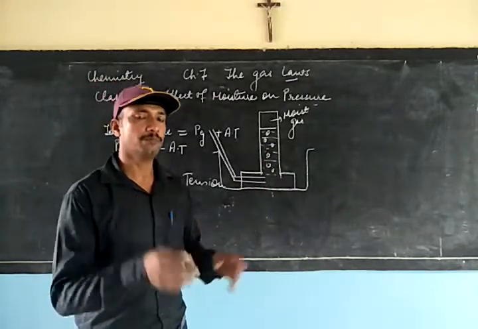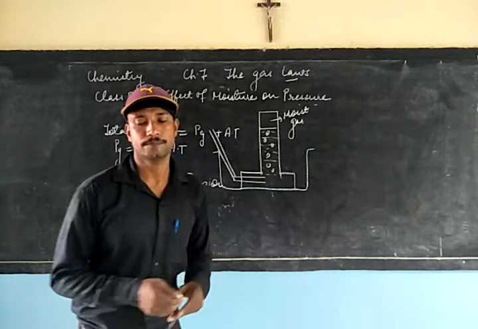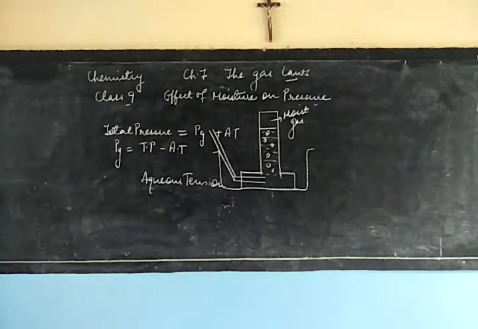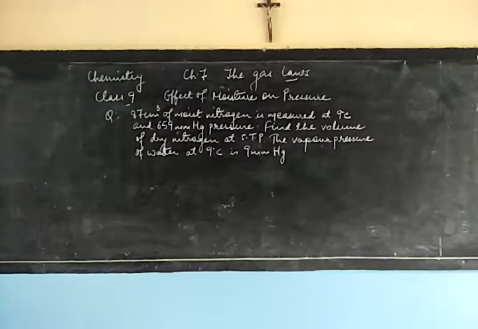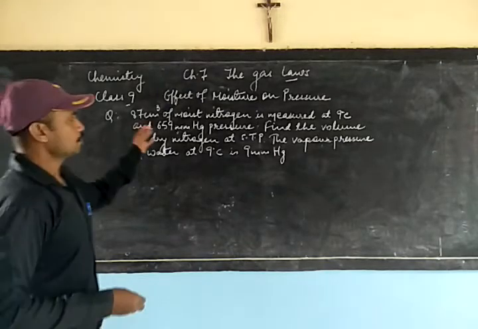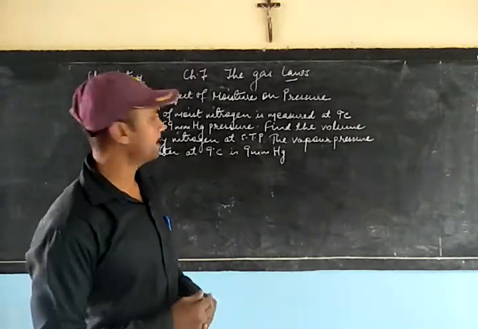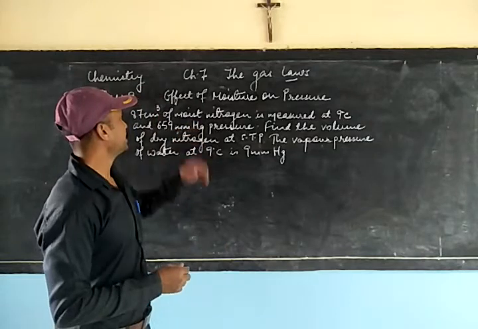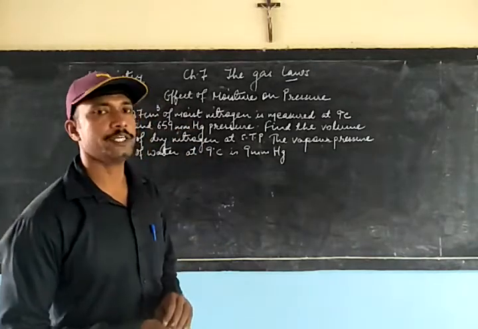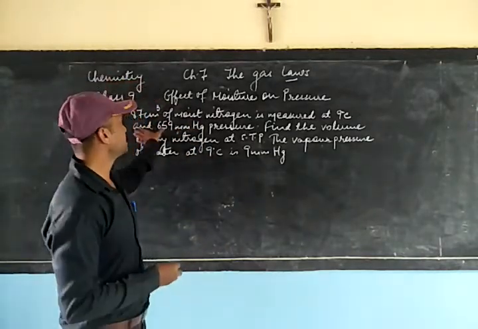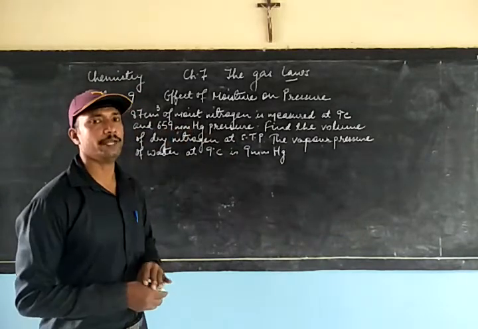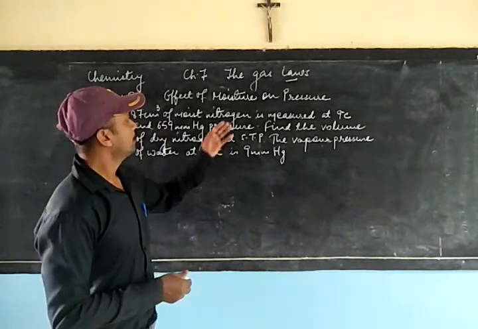So let us solve one problem based on this. You can see there is one question given. 87 centimeter cube of moist nitrogen is measured at 9 degrees Celsius and 659 millimeter mercury pressure.